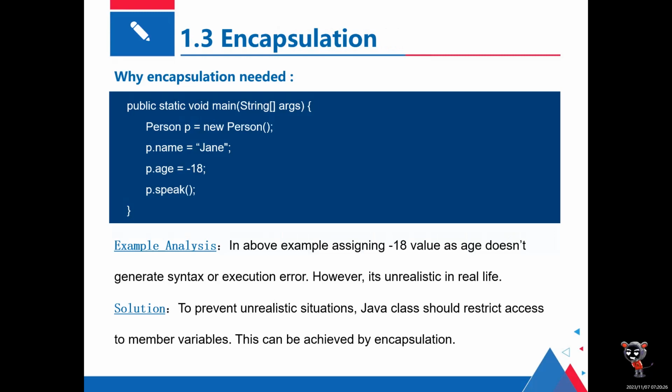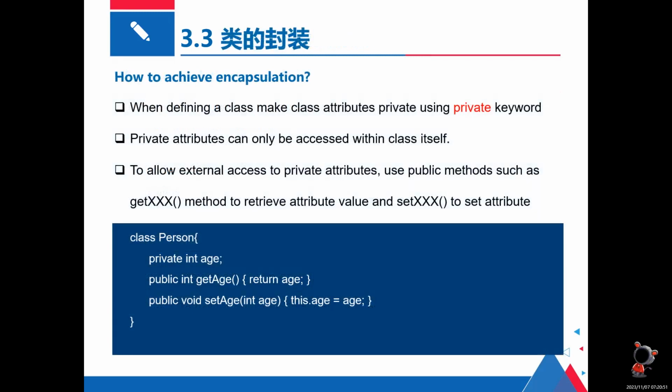So to solve unrealistic situations, Java allows us to restrict access to the member variables, and then we can use some public methods to give access. This type of coding is called encapsulation. To achieve encapsulation, like in this example, first we need to make our class attributes private.